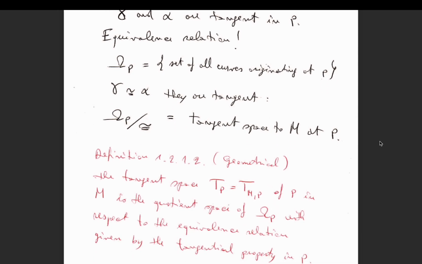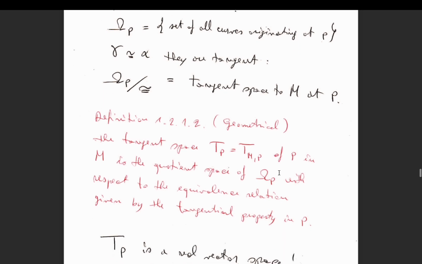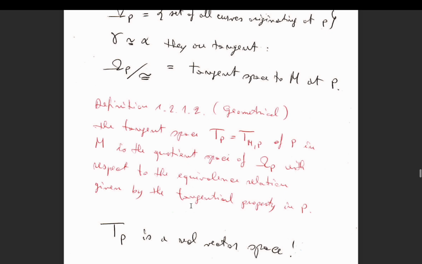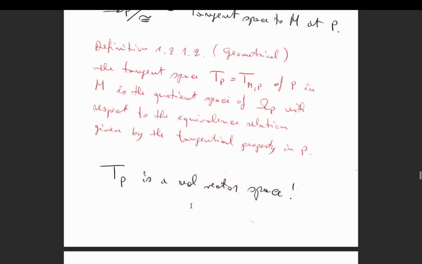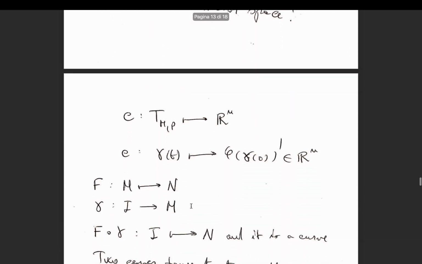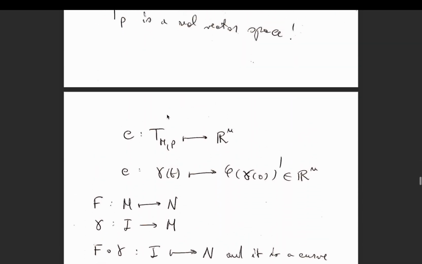Okay, now there's a natural abstraction for this space, a natural abstraction of a real vector space. For example, we can consider a map C from T_P M into R^m, defined as follows.